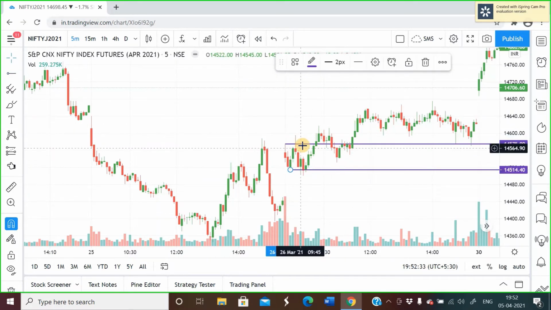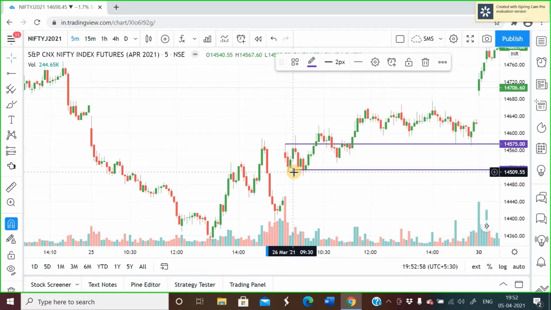Once you have identified the high and low of the first 15 minutes, what you should do next is wait for any close that happens above or below this high and low. So basically what we have done is we have taken the first three candles and plotted the high and low of the first 15 minutes.